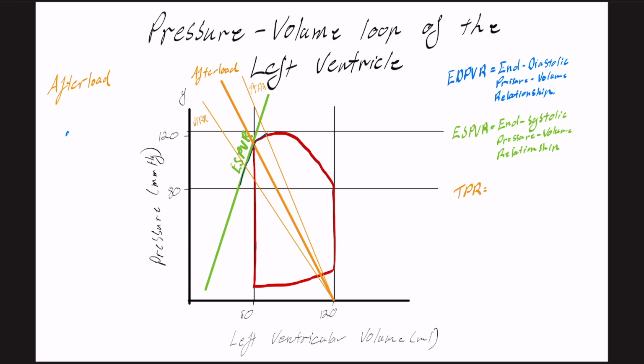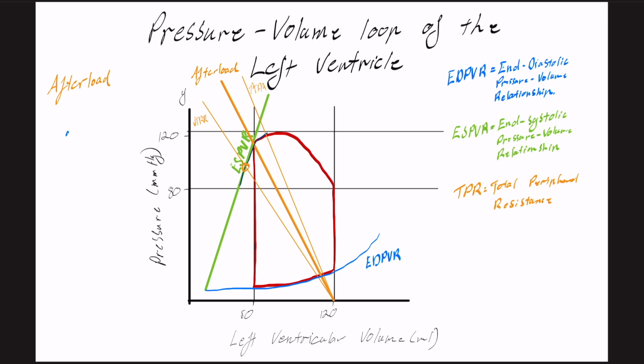And as this angle is more steep, the total peripheral resistance is higher. This is important because, like we said before, where afterload crosses our end systolic pressure-volume relationship is where the aortic valve closes, which will determine how much is ejected from the ventricle.